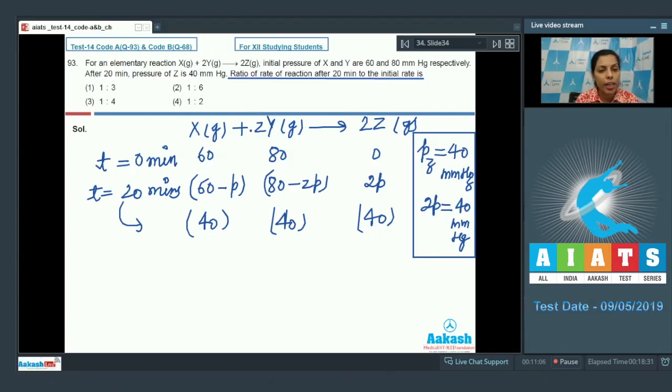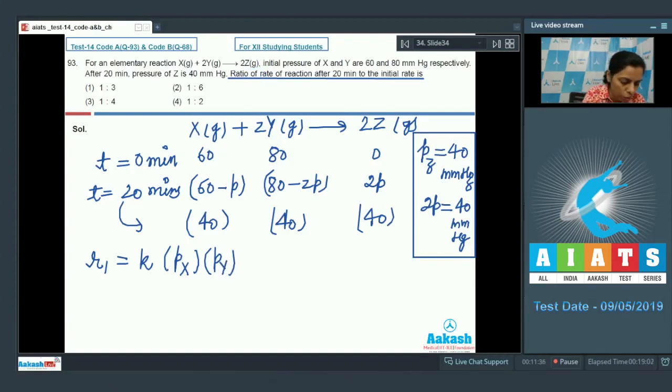Now, you need to just find out the ratio of the rate of reaction after 20 minutes to the initial rate. So let's assume that the rate of the reaction initially was R1, and that is K1 into pressure of X into pressure of Y. One more thing, I've already told you that this is an elementary reaction, and for this reaction stoichiometric coefficients are used in the calculation of order of the reaction.